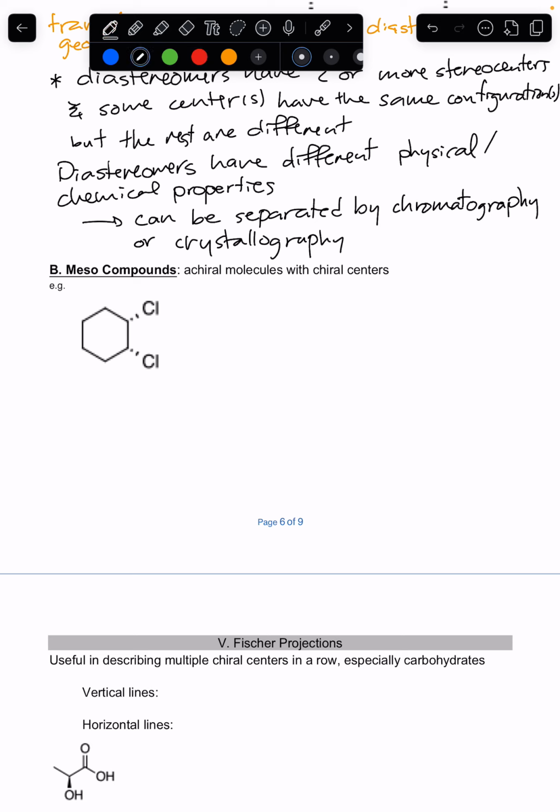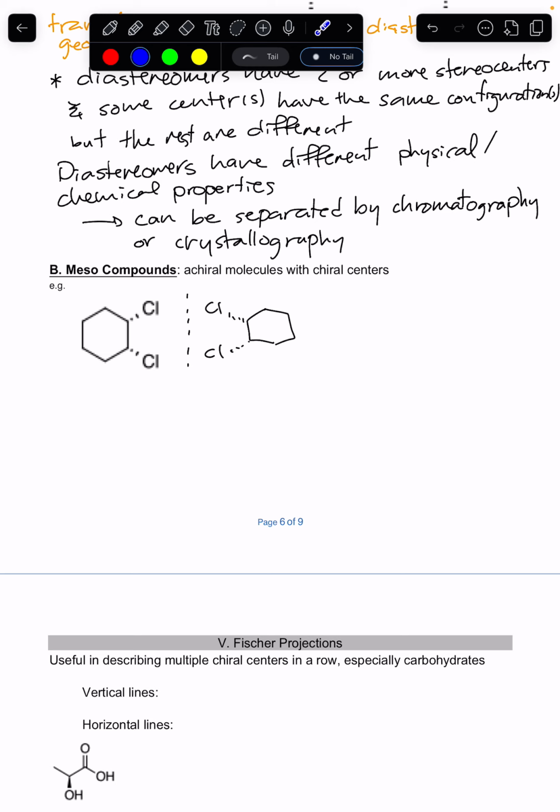This is dichlorocyclohexane. If you think about the mirror image of this, that we can draw, that's the mirror image. Now, I hope this makes sense to you, and if it doesn't, you can make molecular models of both of these molecules.